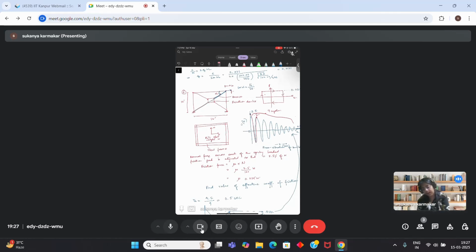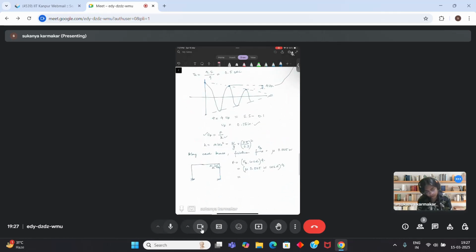So cos alpha is 16 by 20. So let's substitute cos alpha here: 16 by 20 into 4. So this comes out to be 0.08 mu into W. And can anyone tell why do we have this factor 4?